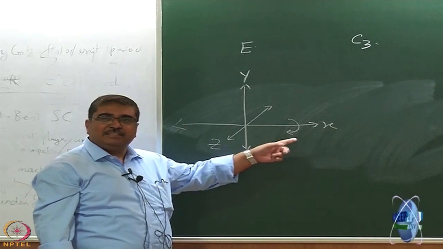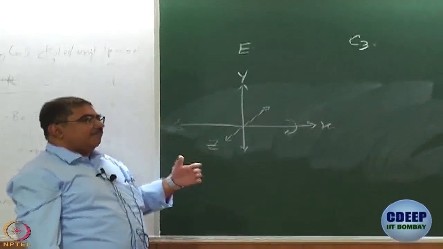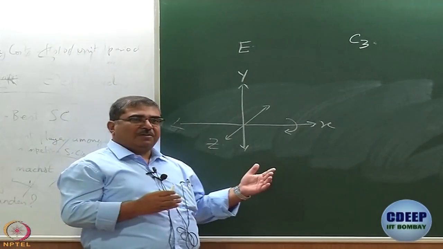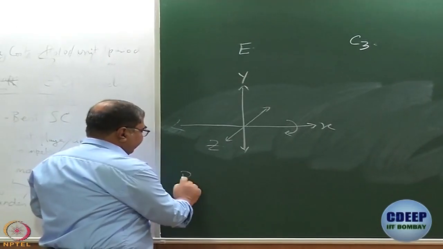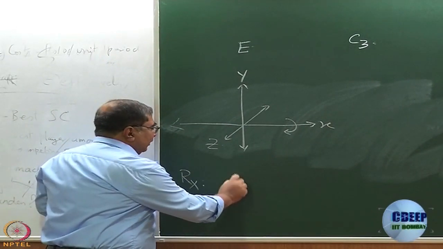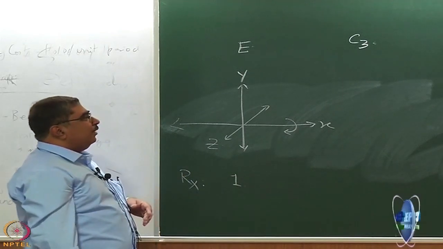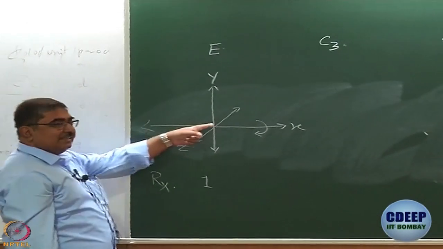Do you understand what this means? This is what it means, okay. Now, let us see where it should belong. When E operates on Rx, what do you get? You get Rx itself, no problem with that. So, character is 1. What is the next symmetry operation? Next symmetry operation is C2Z, this.